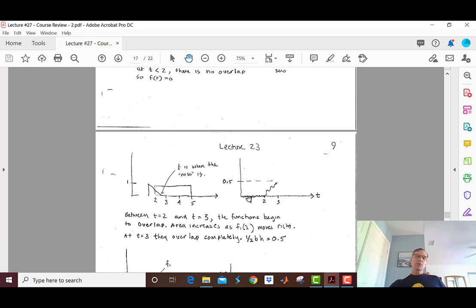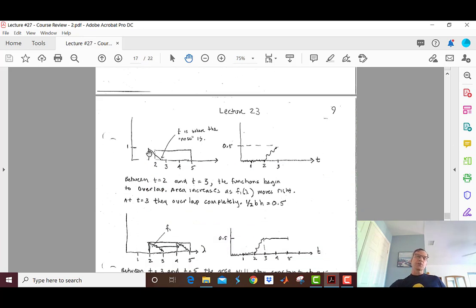Now at t equals 2, the nose of the function begins to overlap with the impulse response. And so I'm starting to get some shared area. See this little shared area in this little triangle here? So it started with nothing when the nose was at 2. Here's my output. Yep. And as I slide that triangle in, the shared area gets greater.